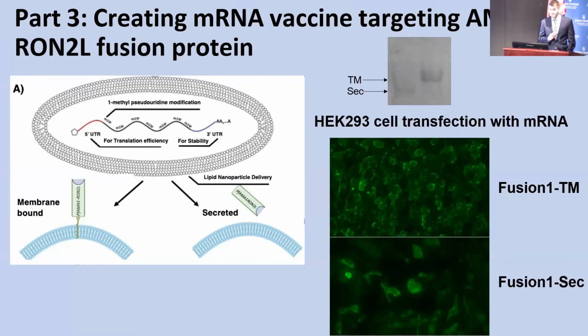We created two different types, a membrane-bound and a secretory form. And IFA data shows circumferential expression of the transmembrane fusion protein in HEK293 cells, and more diffuse, as expected, expression of the secretory construct.